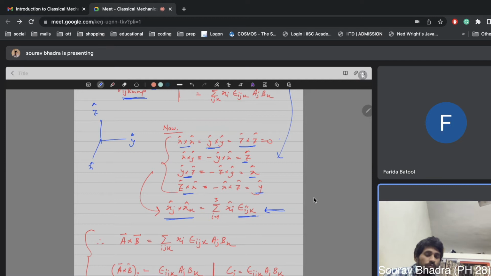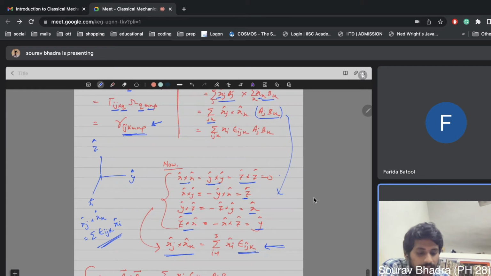You will reach this set of results. So this is a very important property: xj cross xk, where xj and xk are unit vectors, can be written as epsilon ijk xi cap. In various vector calculations you will use this particular form of the cross product of two unit vectors.